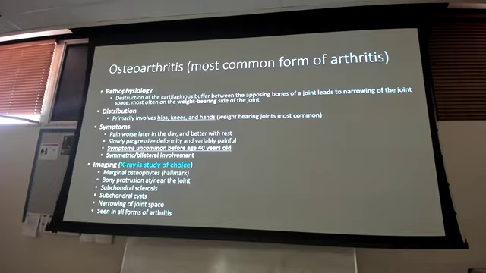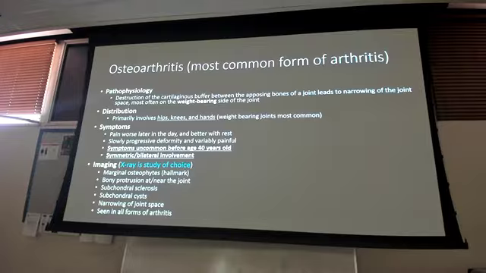What are we going to see on x-ray? First of all, x-ray is the study of choice. It's also the initial study. It's the only study we're going to do. You're going to have osteophytes, subchondral sclerosis, and narrowing of the joint space, which we're going to look at. But the problem is, all of these things are in all of the arthritises.